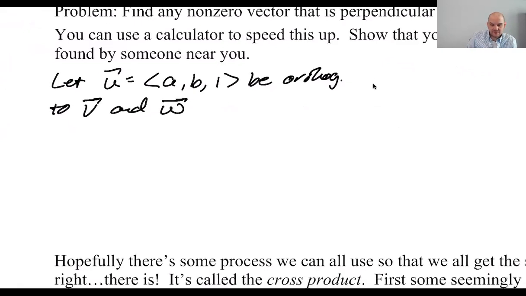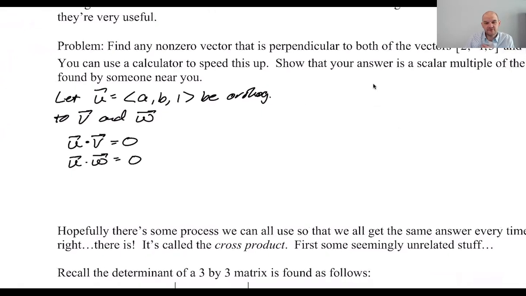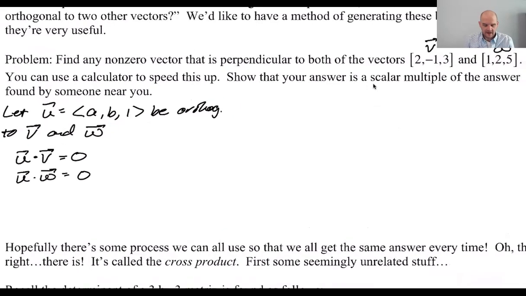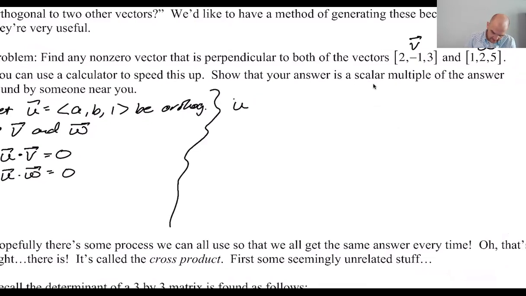So what does that mean? Well, that just means that u dot v equals 0 and u dot w equals 0. So I'm going to use a calculator to solve for a and b and see what I get. I'm also going to do it again and say that u is equal to 1, b, c, just to see what happens.